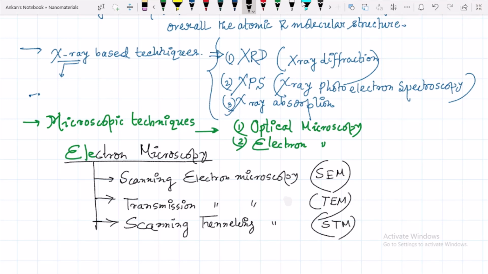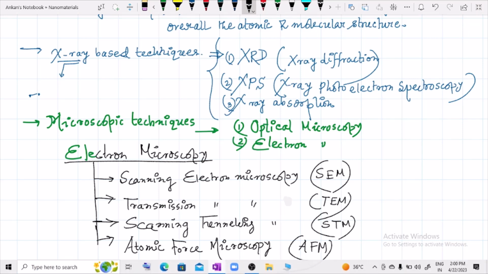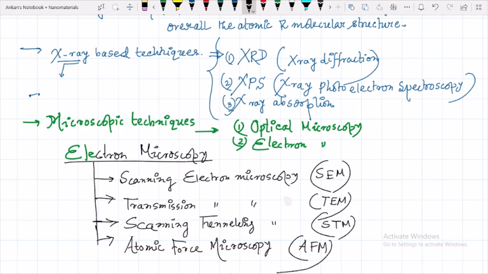And there is also another technique, atomic force microscopy, in short known as AFM. So these are some microscopical techniques available for the characterization of nanomaterials.